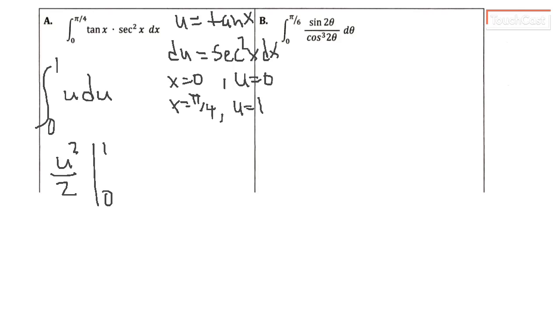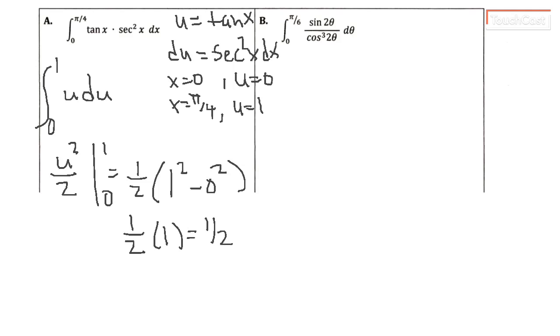We don't even have to worry about putting the function we said u was back in. We're going to be looking at half of 1 squared minus 0 squared. So we're looking at half of 1, which is simply a half.